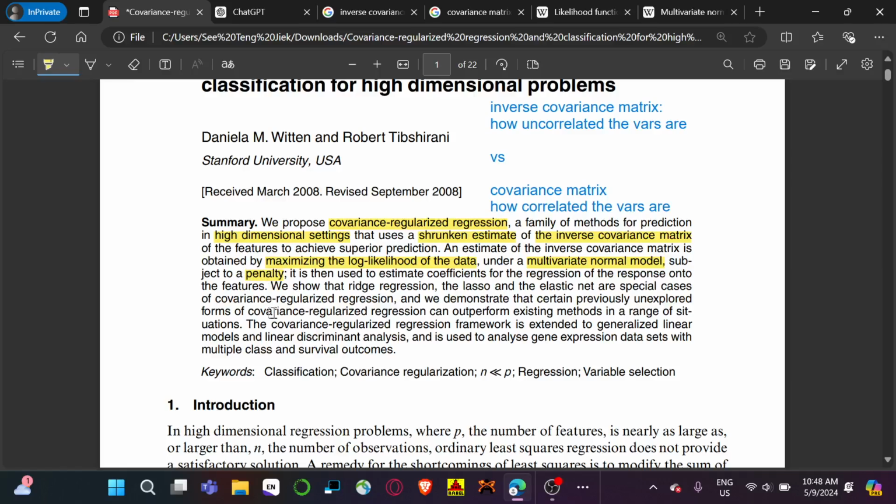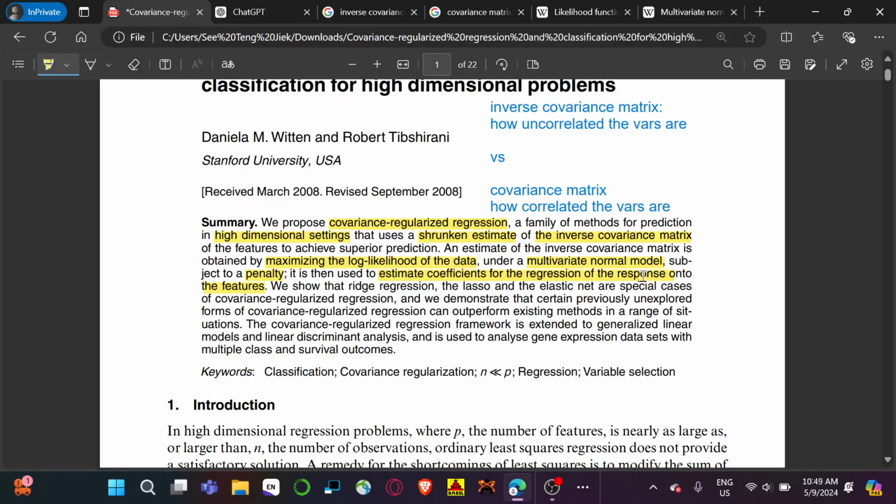It's kind of similar to deep learning in a sense. Well, let's see. Okay, so it is used to estimate the coefficients for the regression of the response onto the features. What they're saying is that it's training the parameters of the model with respect to the training data, so that they can update their model parameters with respect to the response.